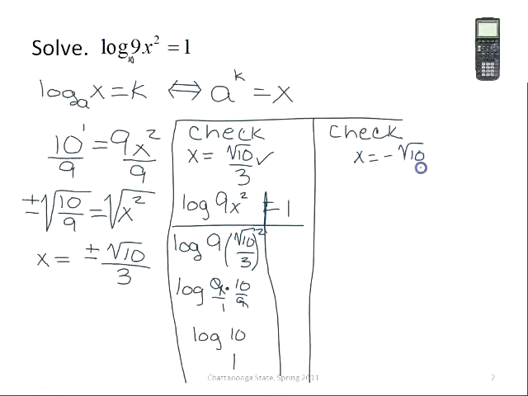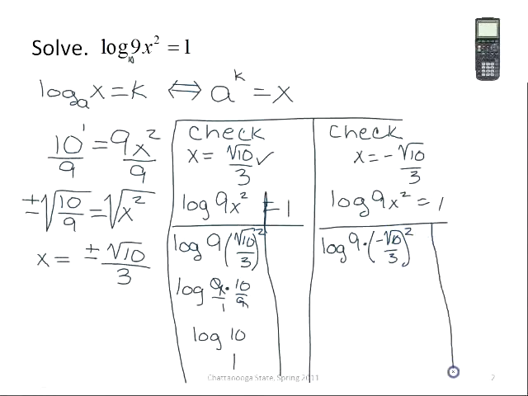Now let me check the negative answer. The negative square root of 10 over 3. My original equation is log of 9x squared equals 1. So when I plug this in, I'm going to have log of 9 times the negative square root of 10 over 3 squared.